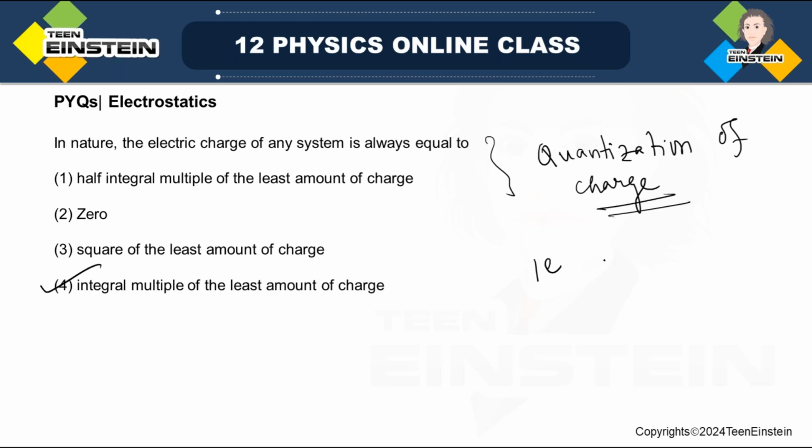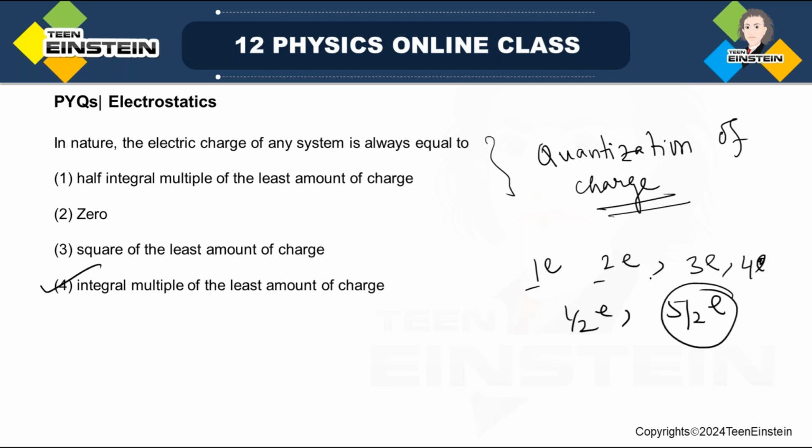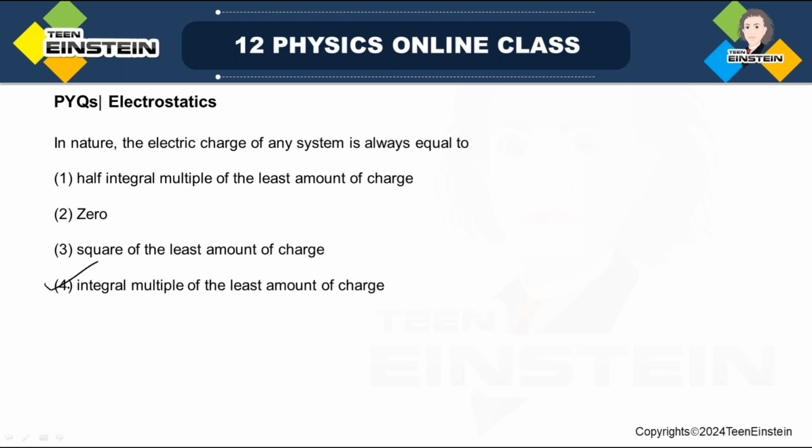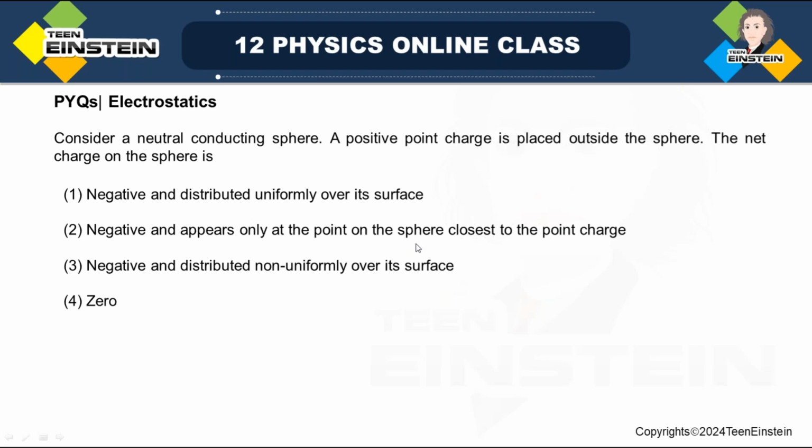So it can be 1e, 2e, 3e, 4e, 5e, like that, but it cannot be half e, or 5 by 2 e. It will be an integer number, an integral multiple of the least amount of charge, that is electronic charge. So the fourth option will be the correct answer for this question.